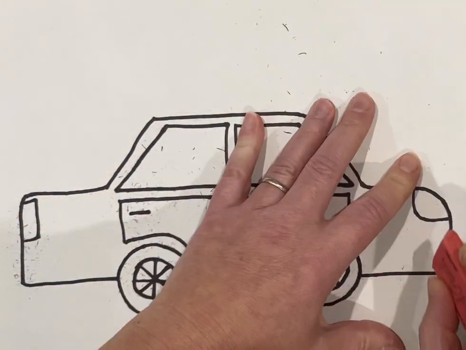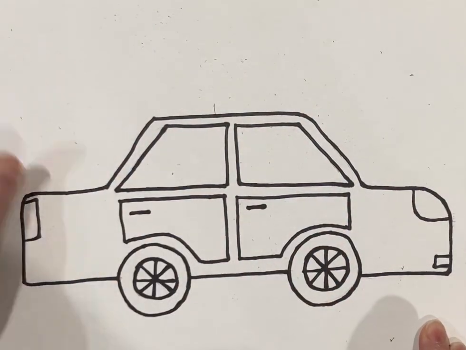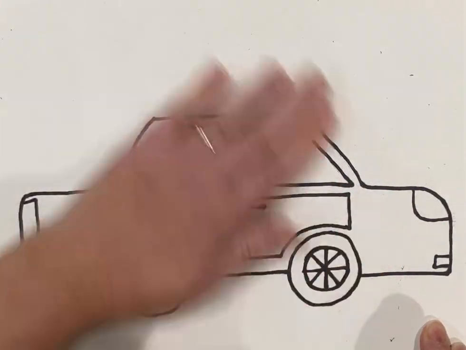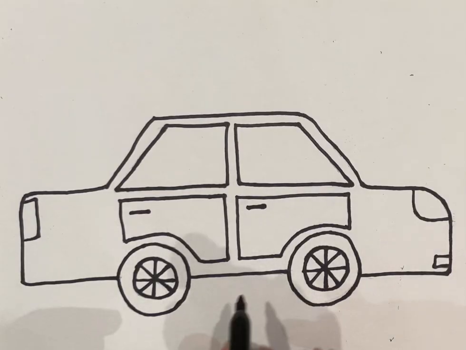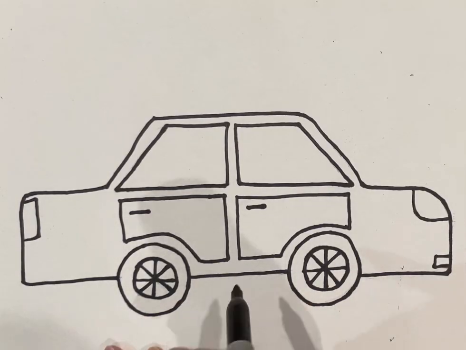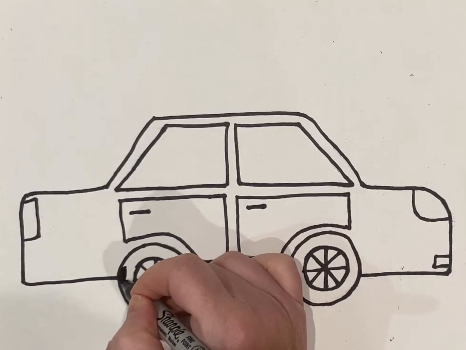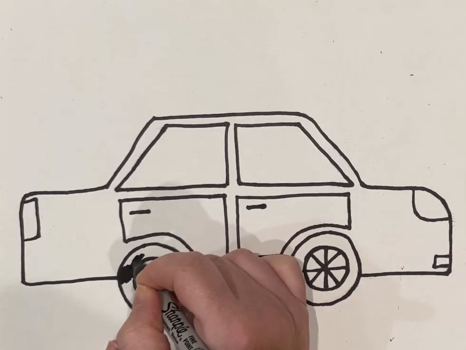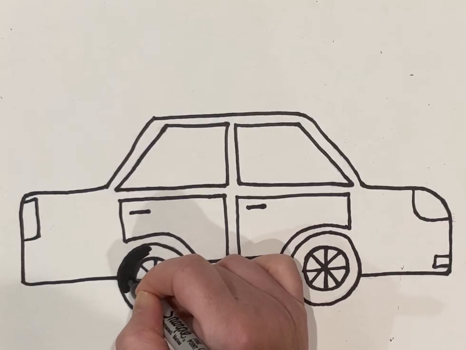And brush all that off. Okay. So for the wheels, the tires, we're obviously gonna do them black. So I'm just gonna use the black marker that I used to outline everything. It's a nice solid black color.